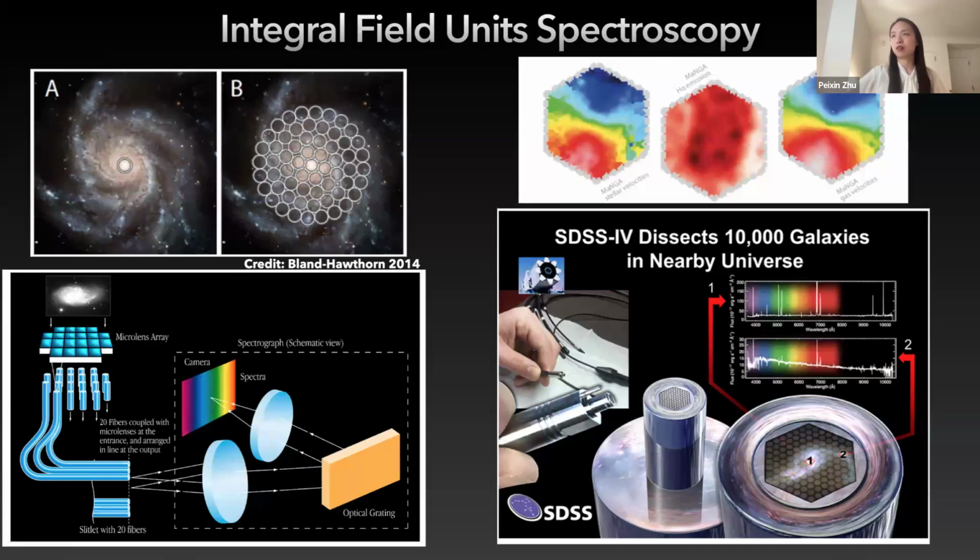That's how you get, for example, 20 or 30 spectra for a single galaxy. This technique has been well applied to galaxy observation since 2015. Now we already have thousands, I would say 10,000, galaxy observations with IFU spectra.